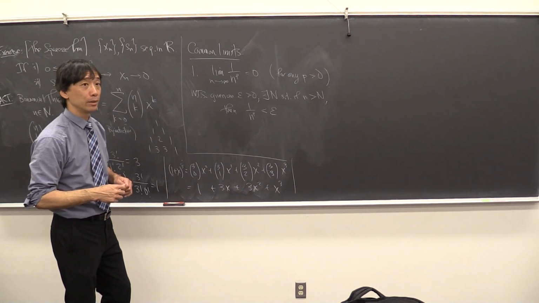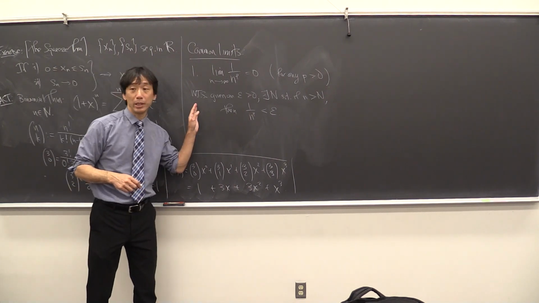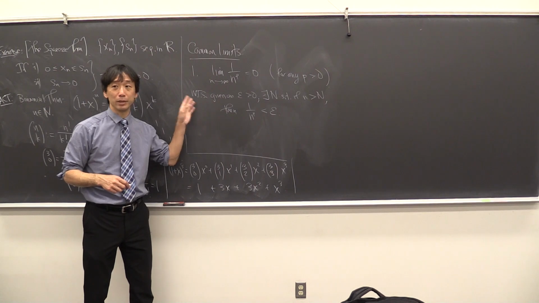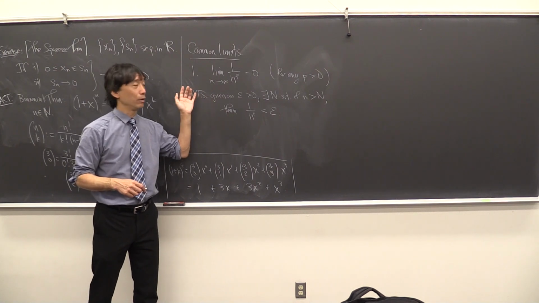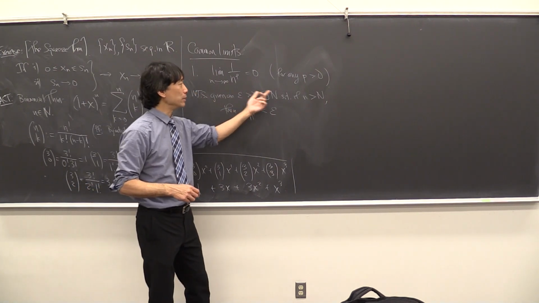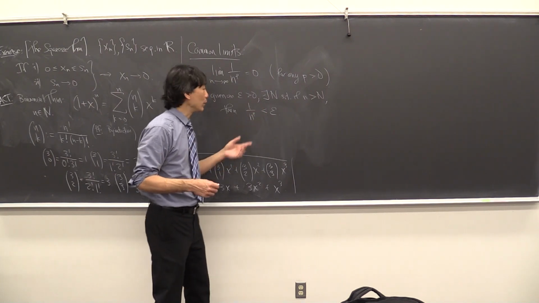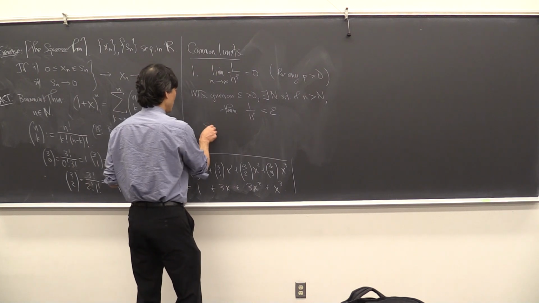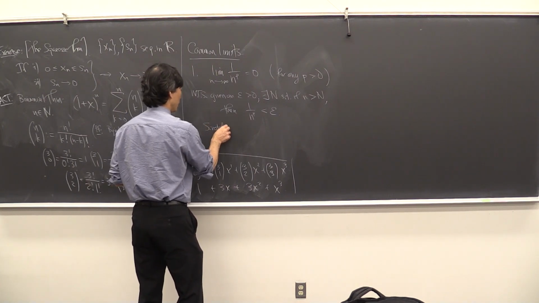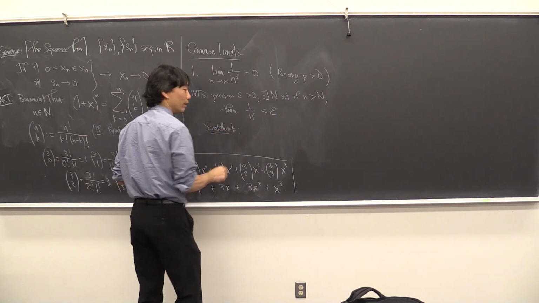Everybody following? This is just the definition. We want to show that given any epsilon, there's a time past which this thing is smaller than epsilon. Okay. So as usual, there's going to be some scratch work. There's always some scratch work involved in doing these things.